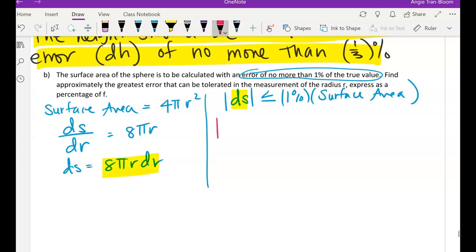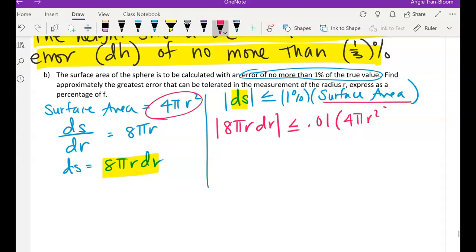Let's plug it in. Absolute value 8 pi r dr less than or equal to 0.01. Surface area, it's right there. Let's plug that in, 4 pi r squared. Let's solve for dr. Divide both sides by 8 pi r.